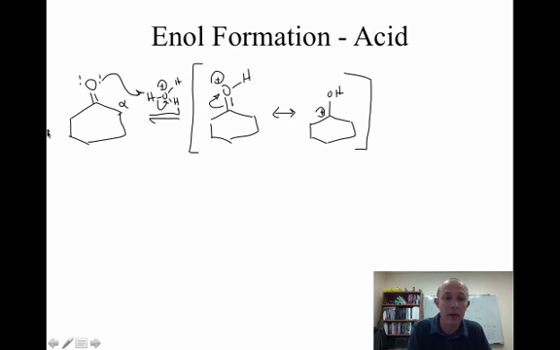So we have an alpha carbon here, we have an alpha carbon here, and we said those hydrogens that are alpha to that carbon-oxygen double bond are acidic. So instead of drawing water as a nucleophile, water can also act like a base, or whatever solvent that we choose can act like a base, and it can accept this proton, and now we generate an enol.